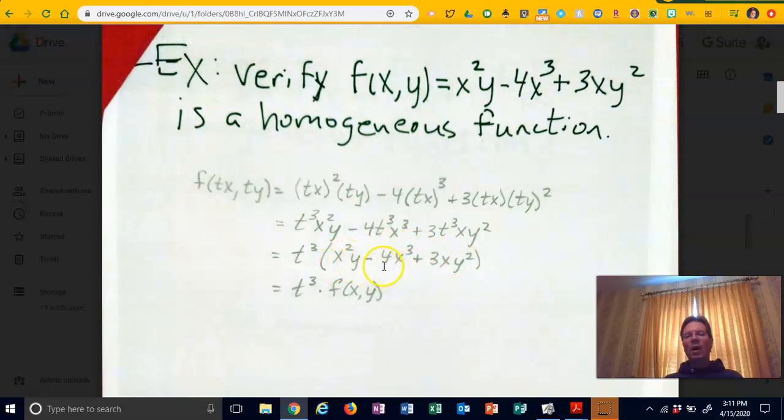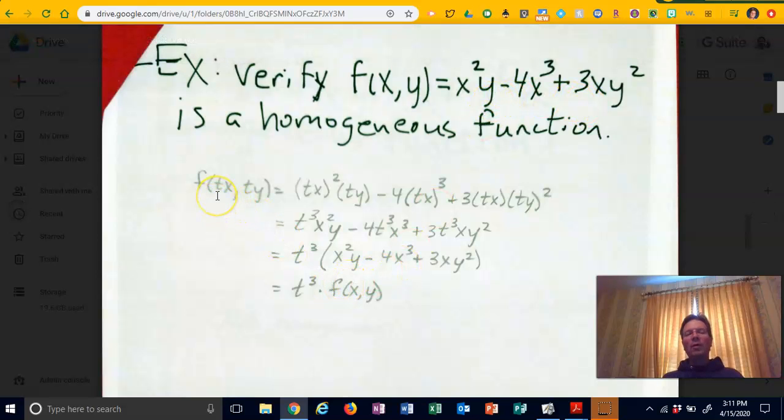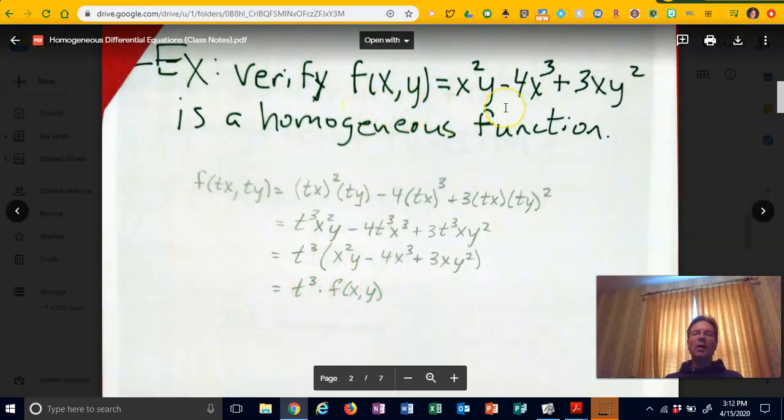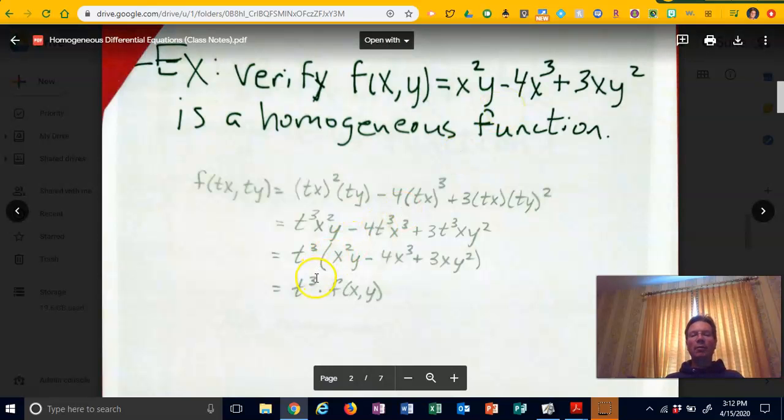It's x squared y minus 4x cubed plus 3x y squared. That's exactly what the original function of x and y was up here. So by replacing all the x's with tx and all the y's with ty, I ended up getting t cubed times the original function of x and y. So this function up here at the top is considered homogeneous of degree 3.